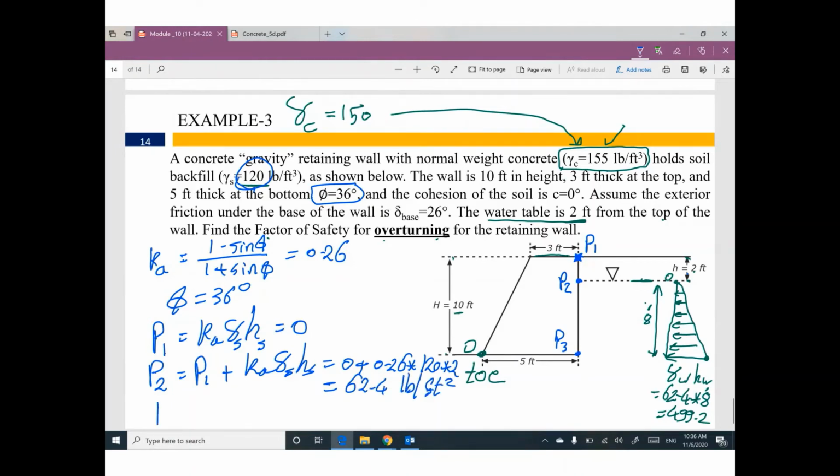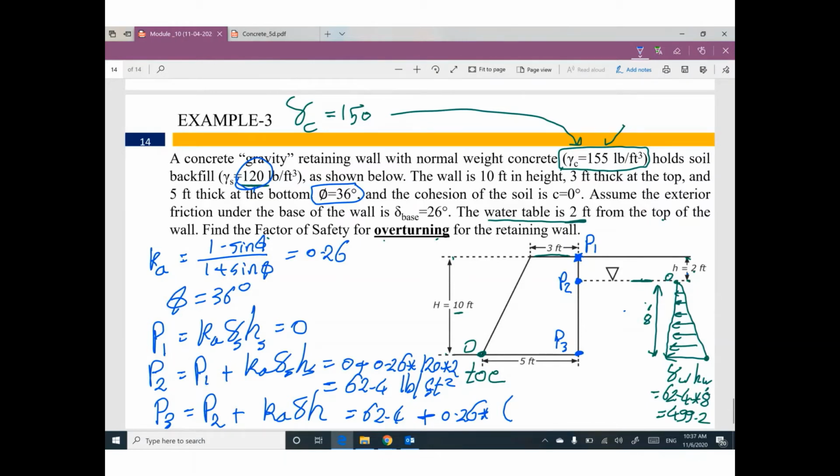P3 equals P2 plus K active gamma H. P2 62.4 plus K active 0.26 times H of soil between point 3 and point 2. Be careful, because this soil is under the effect of water, groundwater.